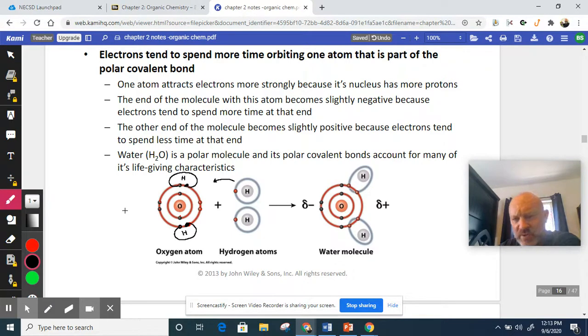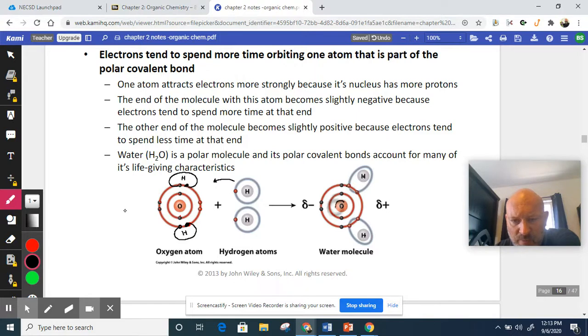But what happens is, because of this unequal distribution of electrons around in the valence shell, even though these 3 atoms are sharing the electrons, the sharing becomes unequal, right?